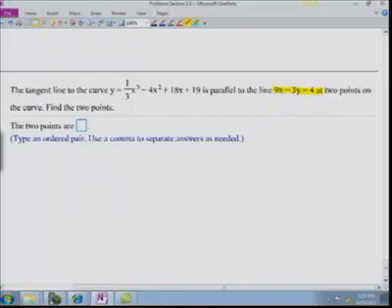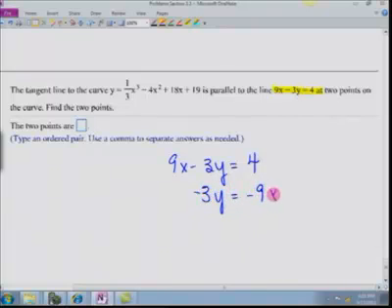So let's figure out what the slope of this line is. That means we need to reorganize it so it's in that y equals mx plus b form. So that'd be my first thing. I would write it down here, and I would just reorganize it.